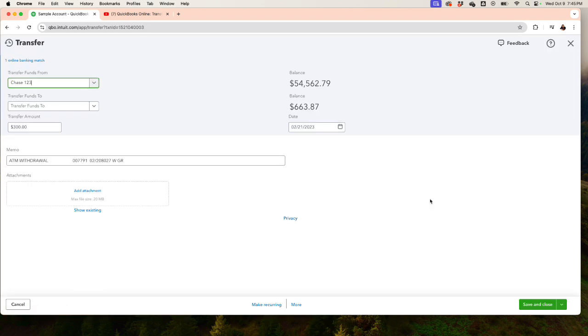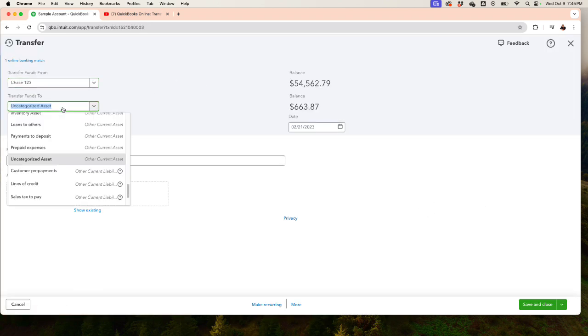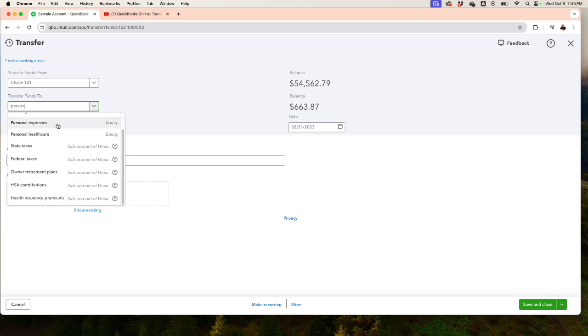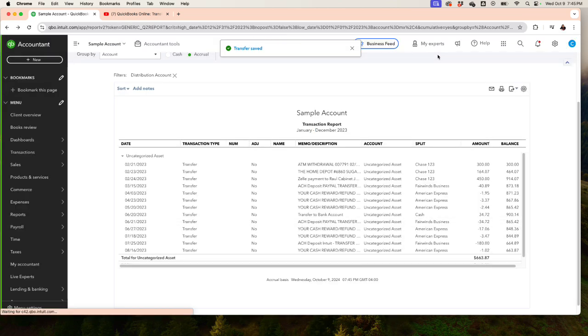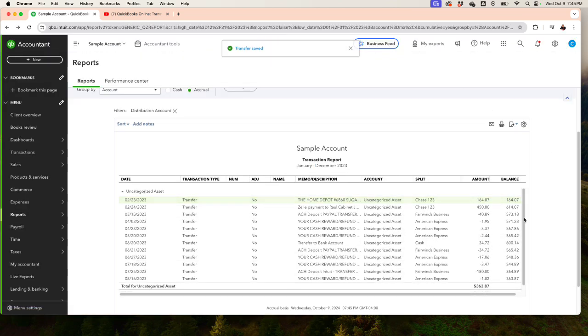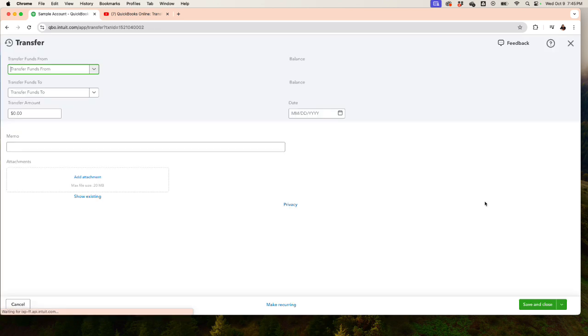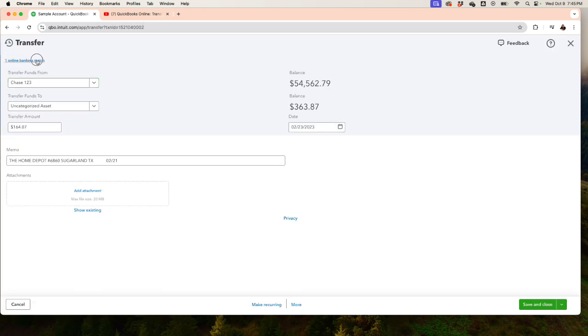Let's see this one, and let's suppose this one also is personal distribution. You can put personal expense or owner's distribution or partner distribution. All of those are equity accounts, right? So let's suppose that this one is another expense account.